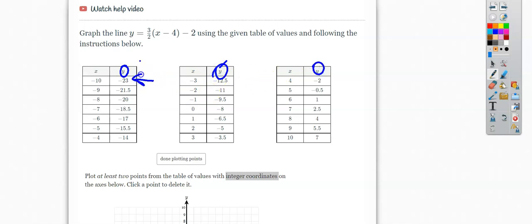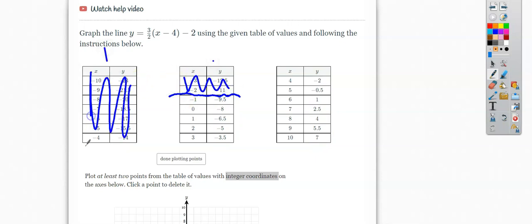Any number higher or lower than positive or -10 would not be appropriate. They wouldn't fit on our graph. But all of these would, and all of these would.